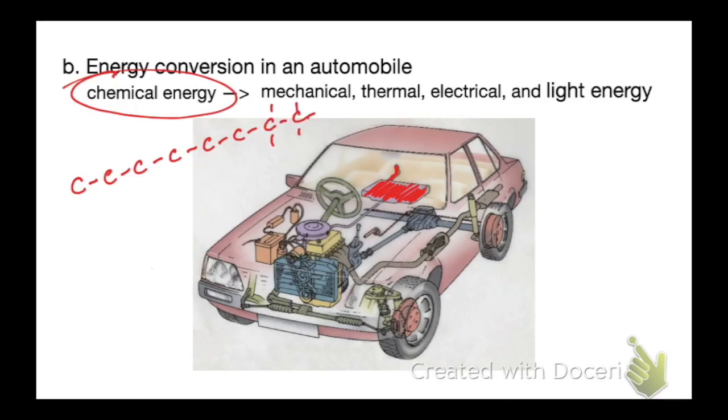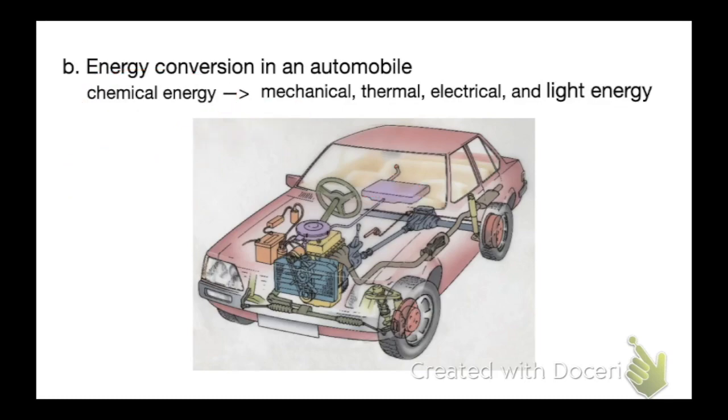I'm being a little simplistic here, but there's this big long molecule, and all of those dashes are connected to H's. Stored inside these bonds is energy, and when we burn the molecule, we get the energy out. Let me erase all that.